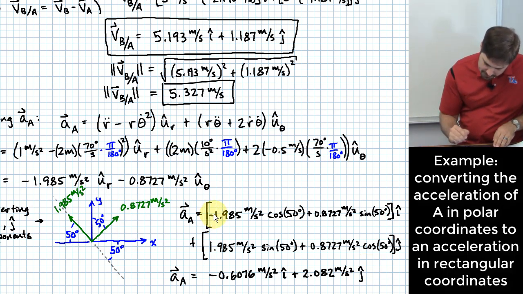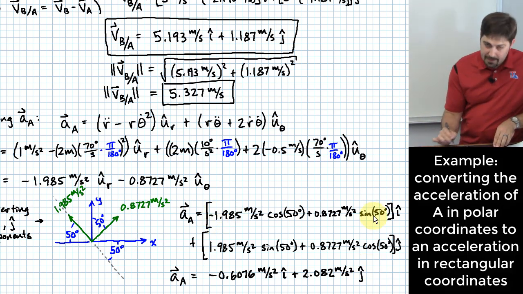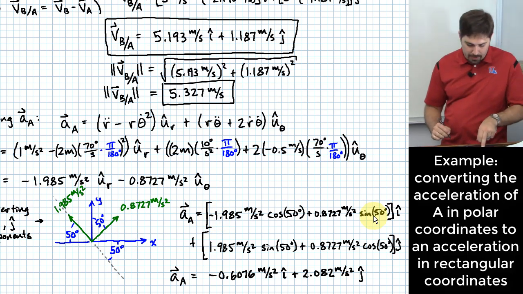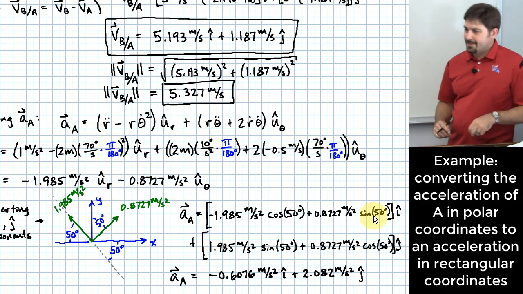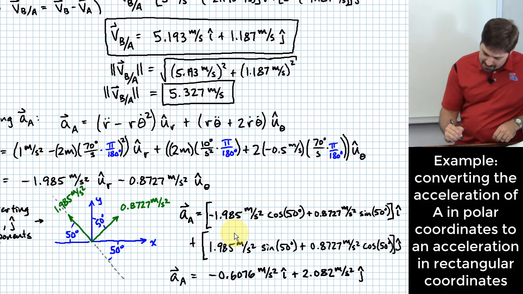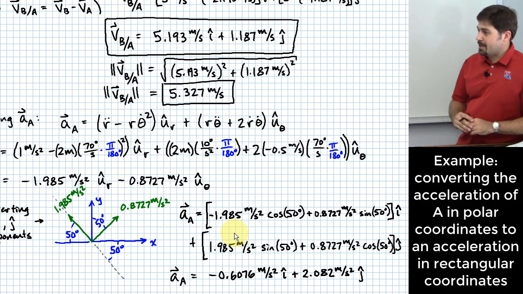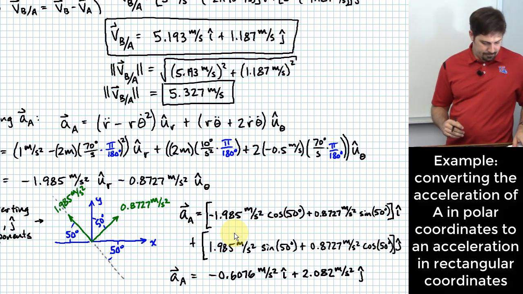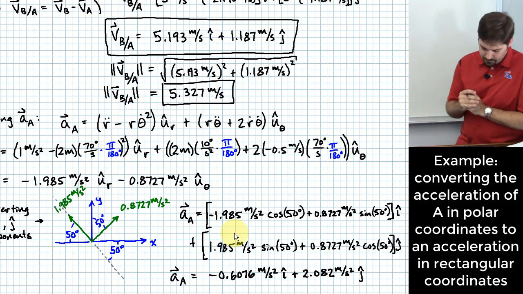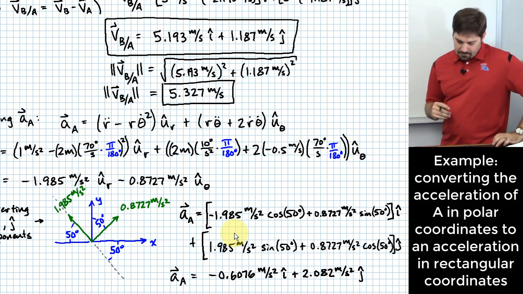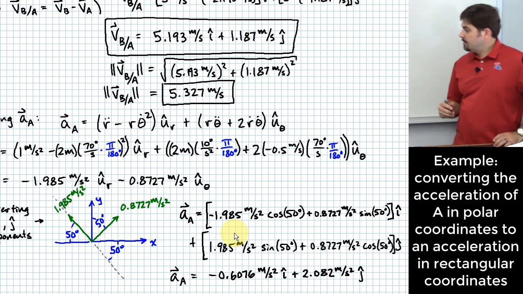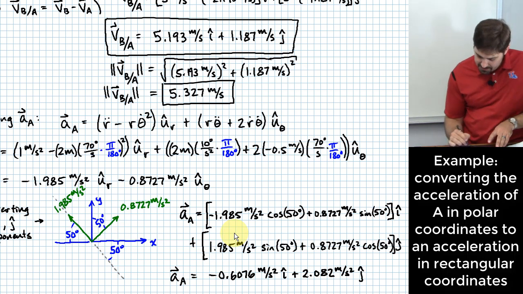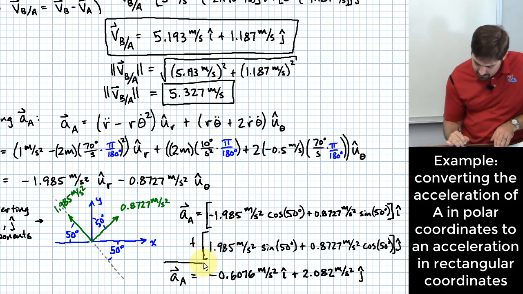I thought I put a negative sign right there. That should be negative in that x direction, right, for the 1.985. I don't know if I erased it again or what, but anyway, that should be a negative right there. So that's my acceleration of A.